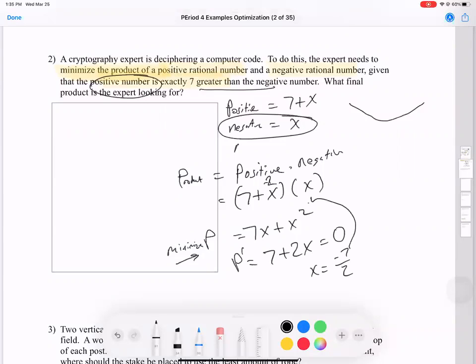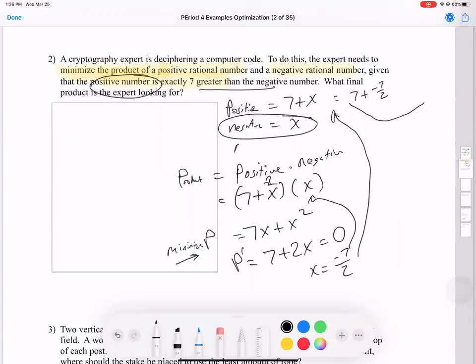And yeah, x is a negative number. Yay. Now, we have to answer what they asked. They asked, what does the final product look like? So the product is the positive times the negative. We know that the positive number here, let's plug in negative 7 over 2. So it's 7 plus negative 7 over 2.